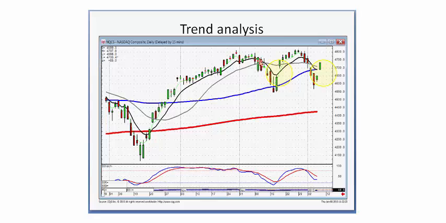I stay long until it's time to go short. I go short until I see the next buy signal. Because I'm not a long-term investor, I mean, I had positions that are on for 2 months here, but normally my positions are anywhere on an average of 2 to 10 trading days. So I don't care what the long-term trend is. I just want to analyze what the trend is doing right now and take advantage of that move.